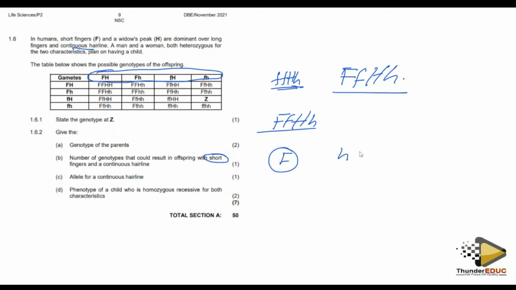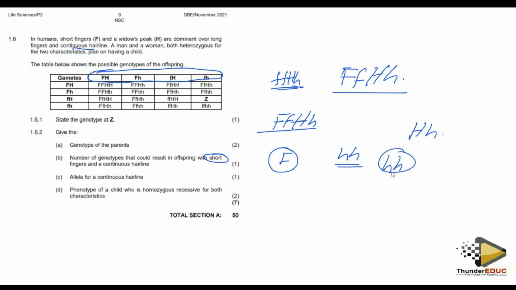It's supposed to show by being recessive. Because if I have capital H and then small h, then automatically this individual is not going to be continuous. It's going to be widow's peak. So automatically it's supposed to be small letters.